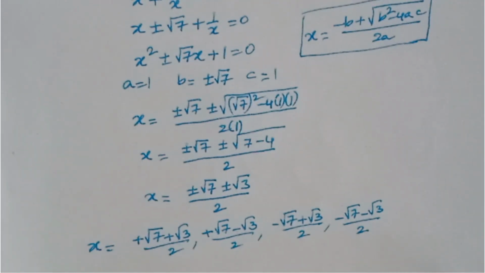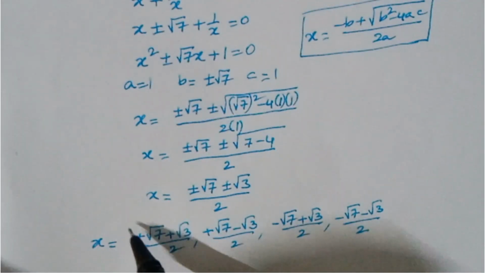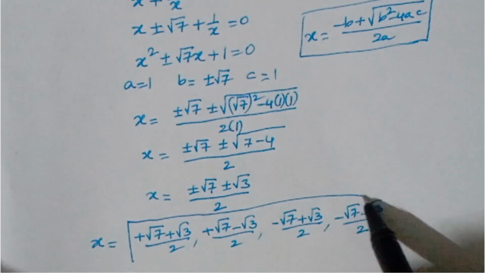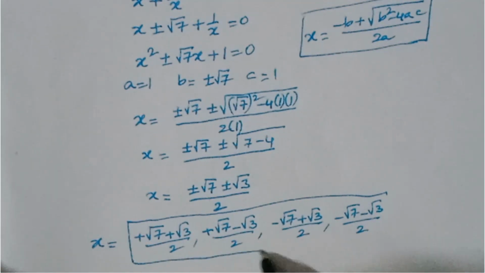These are the 4 possible values of x. You can check and get the verification also.